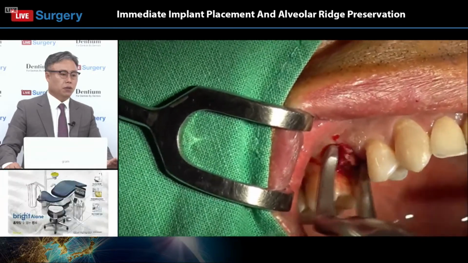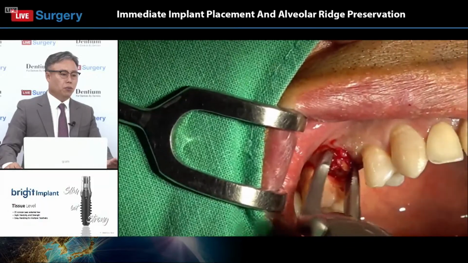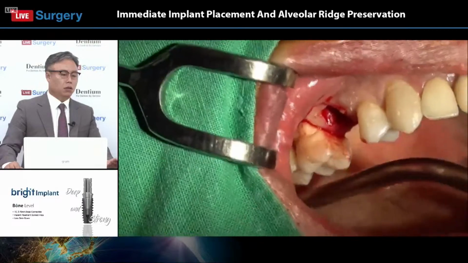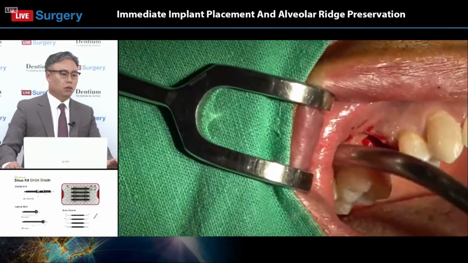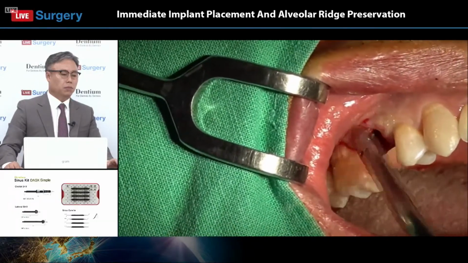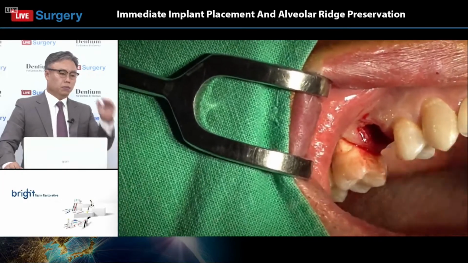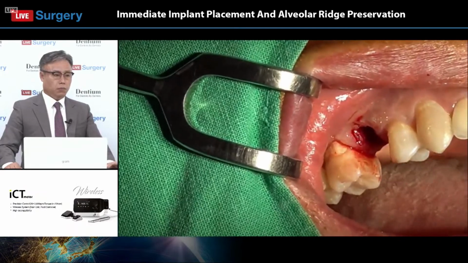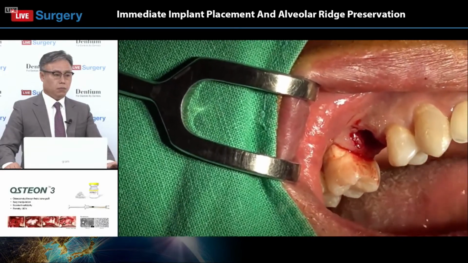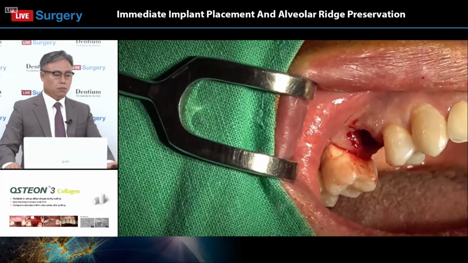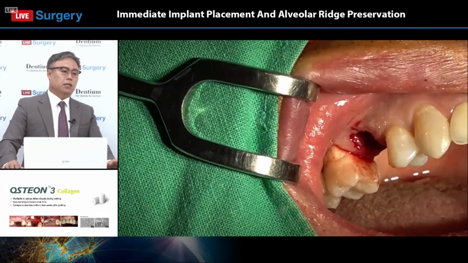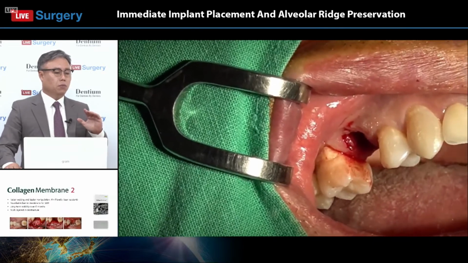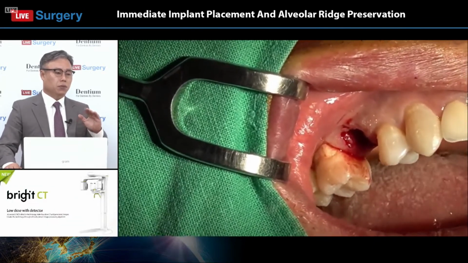And using forceps, he is removing the remnant of the root. Good. Usually in this case, as we saw, the palatal bone is probably intact with the root remnant.